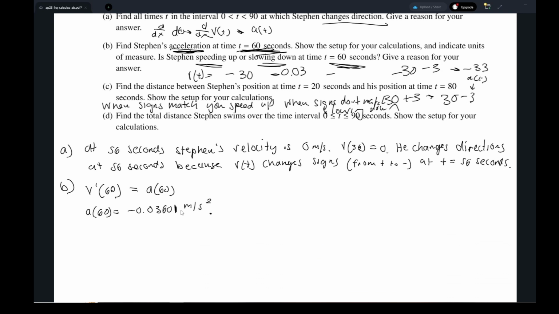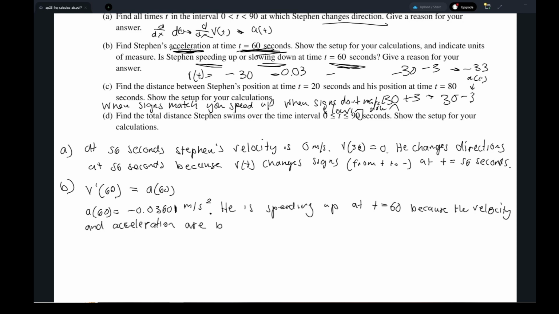So we need to say that he is speeding up at t equals 60 because his velocity and acceleration are both negative at t equals 60 seconds.